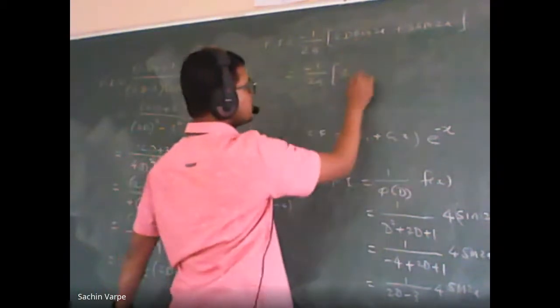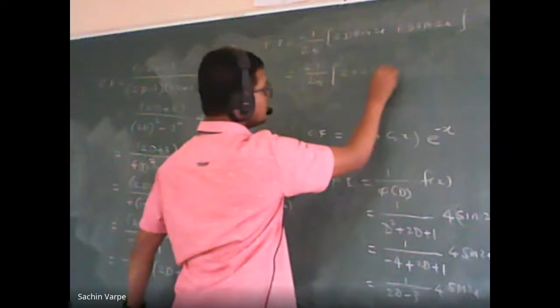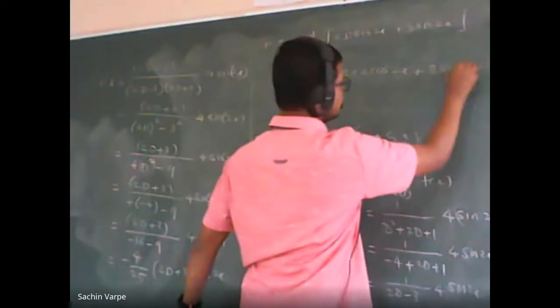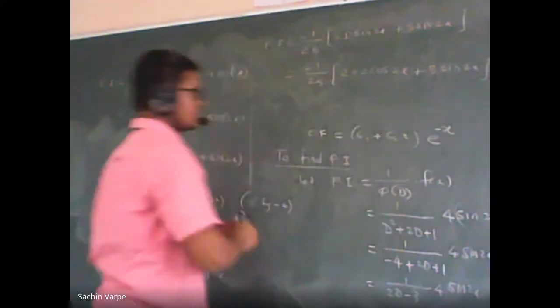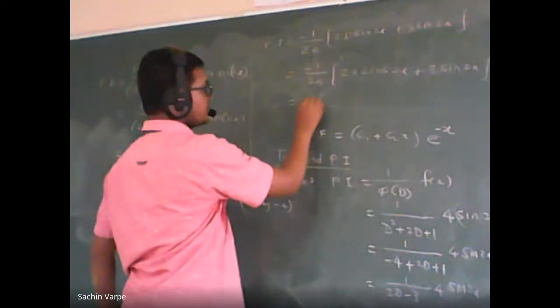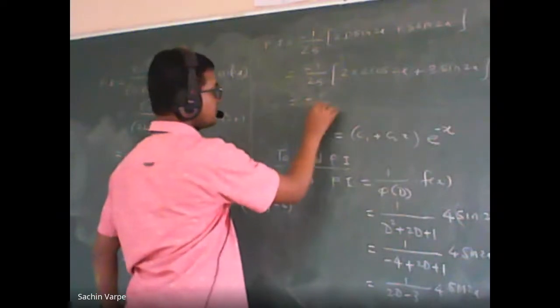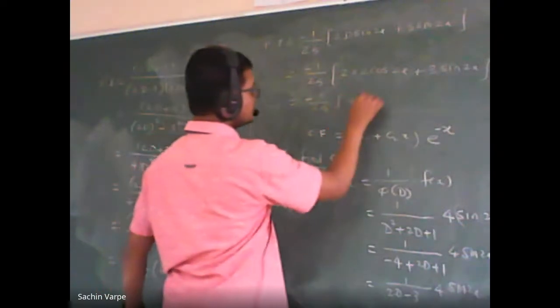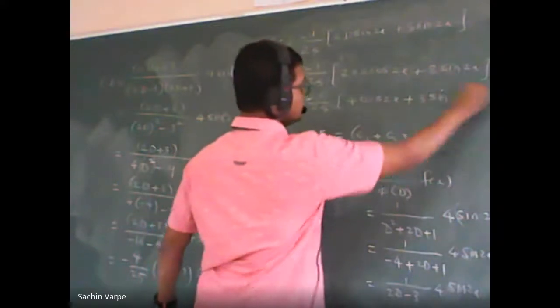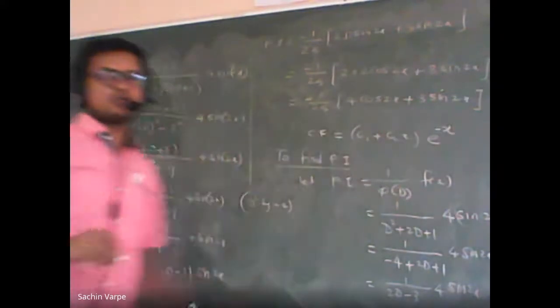What is the derivative of sine 2x? 2 cos 2x plus 3 sine 2x. Isn't it? So that is equal to minus 1 by 25 into 4 cos 2x plus 3 sine of 2x.